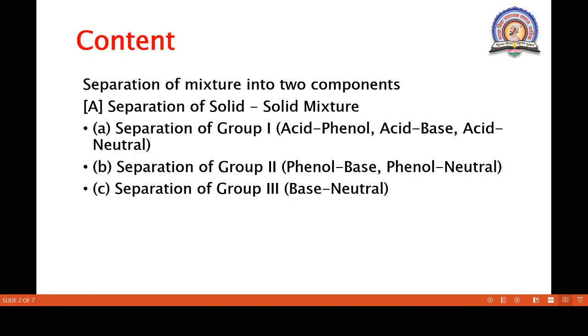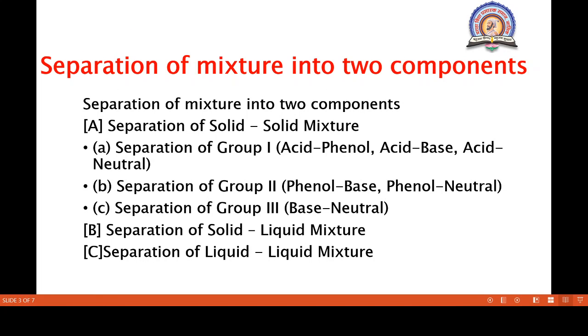In the second case, separation of group second, it consists of the types phenol base and phenol neutral. And lastly, separation of group third consists of the type base neutral. So this is the content of today's lecture. We start the lecture with this point.